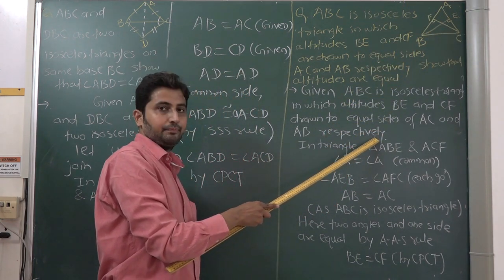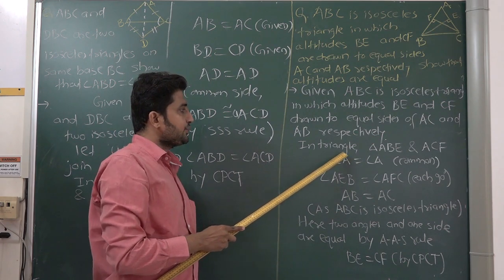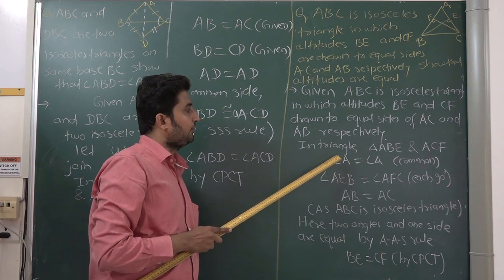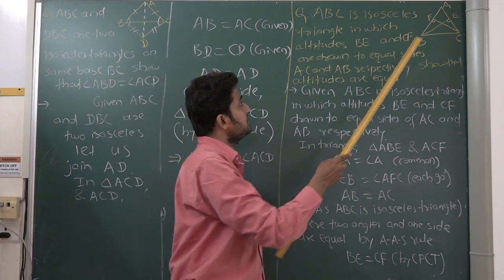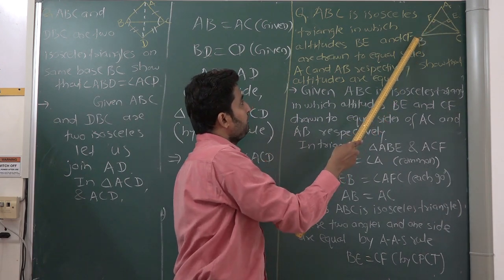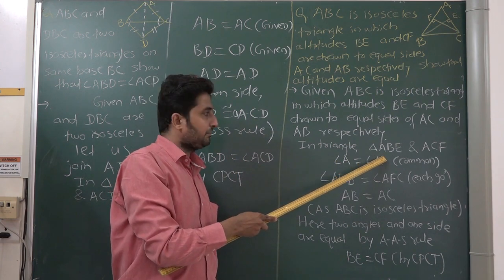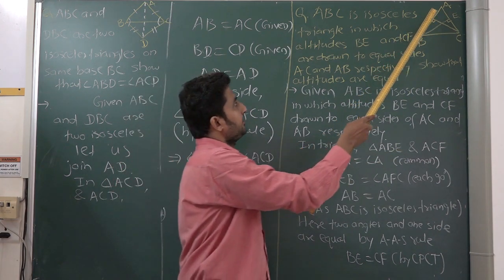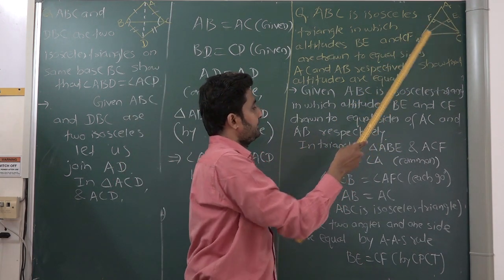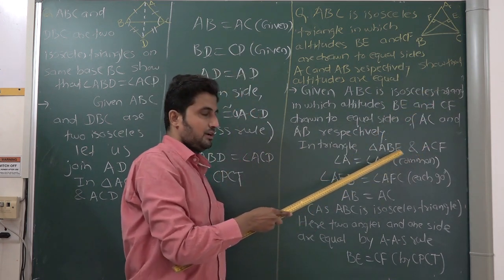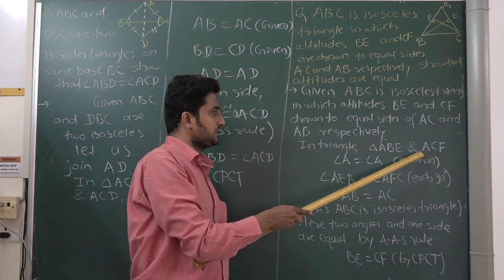So it is given. Now in triangle ABE, dear students, this triangle, and ACF, we are considering these two triangles.